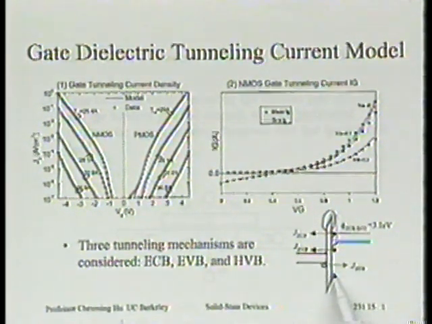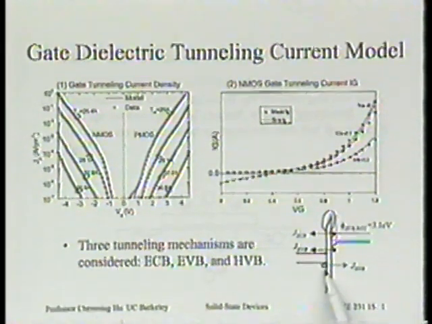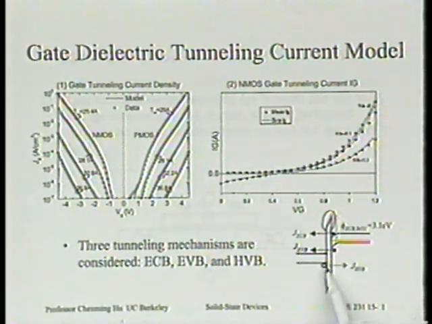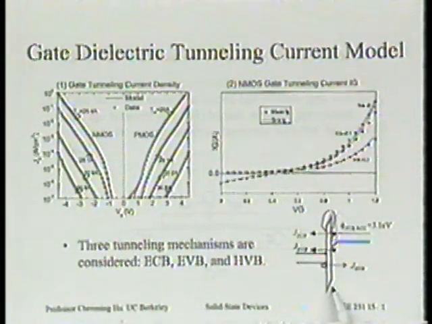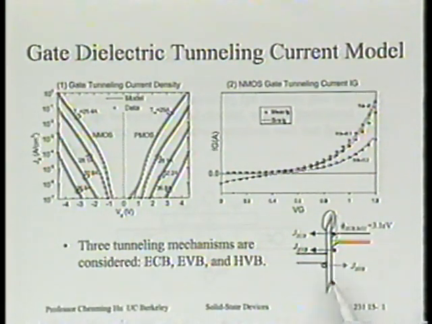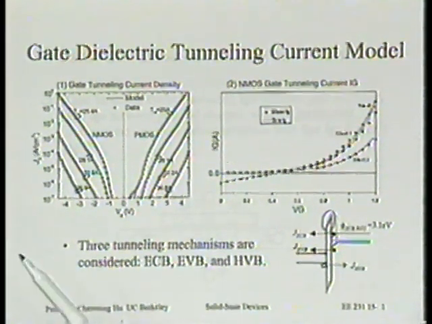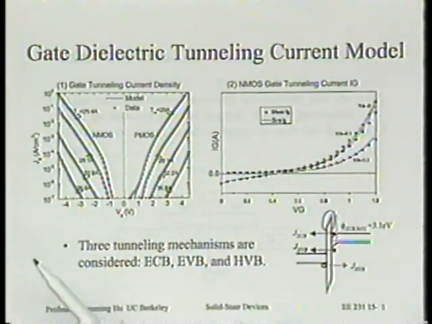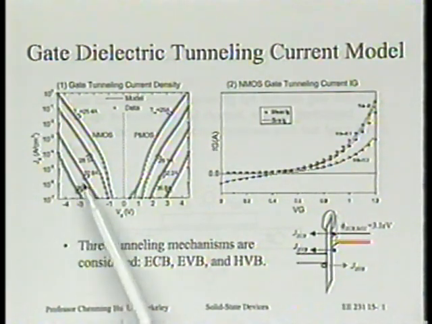For the bottom mechanism, perhaps the effective mass for the tunneling hole is close to the effective mass of the hole in the oxide. And in between would be between. So the effective mass is also different. And when these equations are put into the model, this is the kind of behavior.